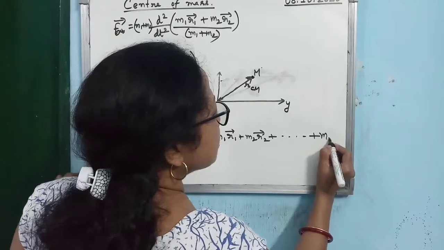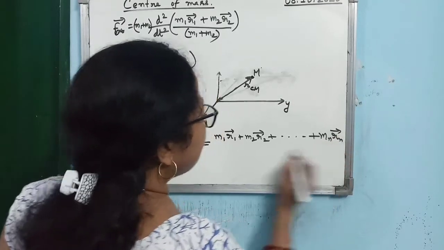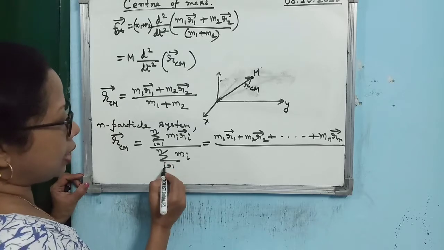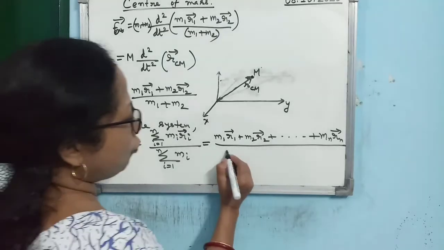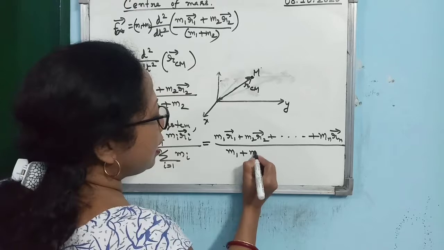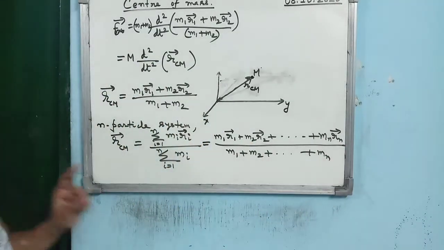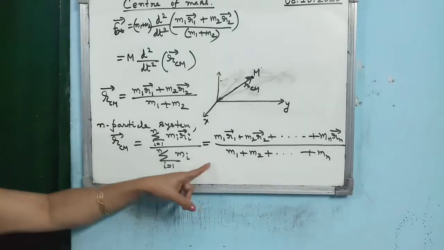What will be the last term? Mn Rn. Like that, below, if you expand sigma i equal to 1 to n of mi, what will it be? M1 plus M2, up to Mn.